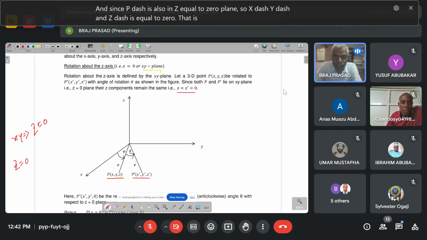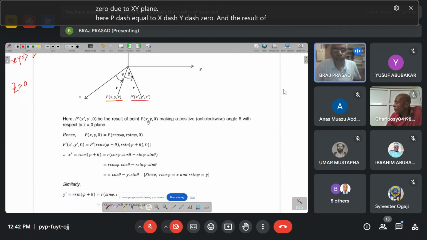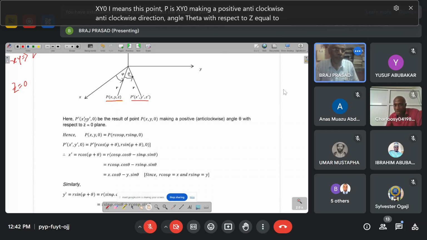That's since z equal to z dash equal to 0 due to the xy plane. Here P dash is x dash y dash 0, and this point P, x y 0, makes a positive anti-clockwise angle theta with respect to the z equal to 0 plane.